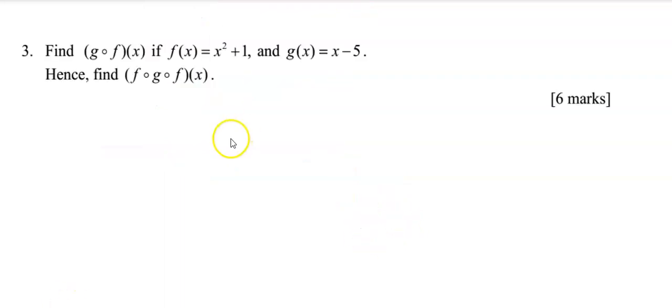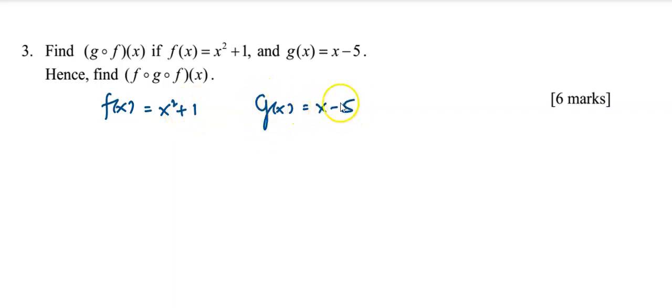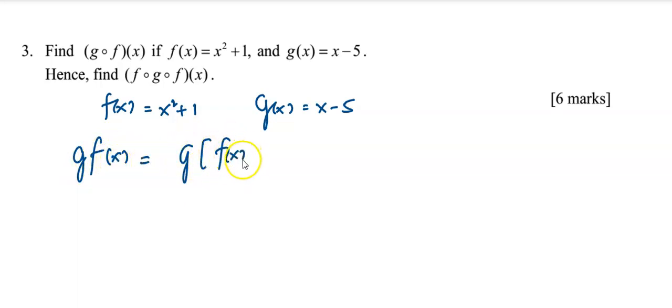Alright, this question is about the function. Find the g of f(x) if f(x) is equal to x squared plus 1, and g(x) is given as x minus 5. You need to find the g of f(x). So firstly, you put your f(x) in the bracket, with f(x) as x squared plus 1.